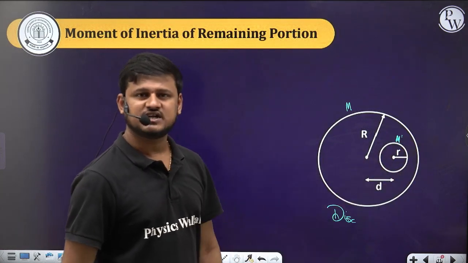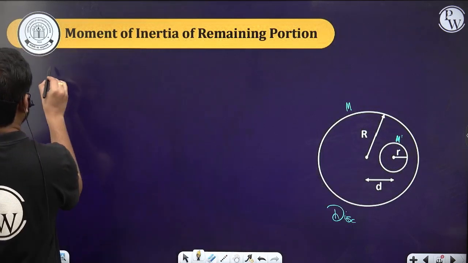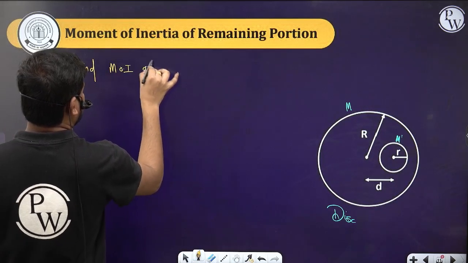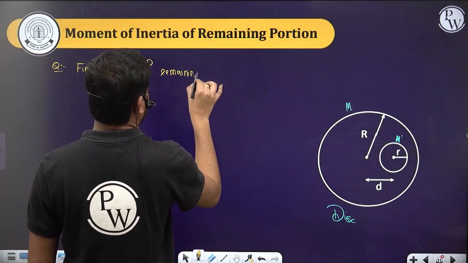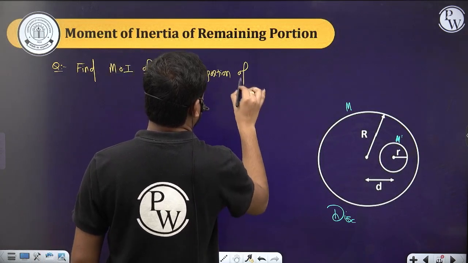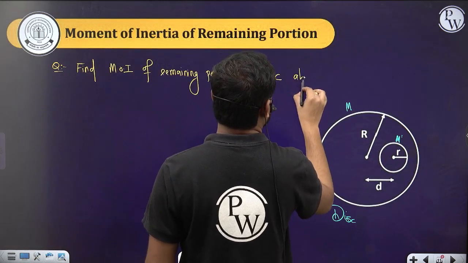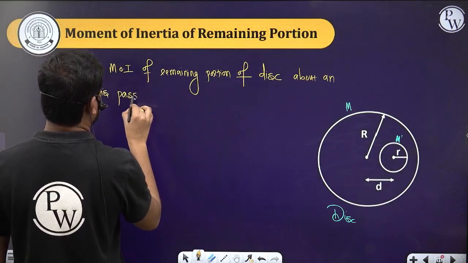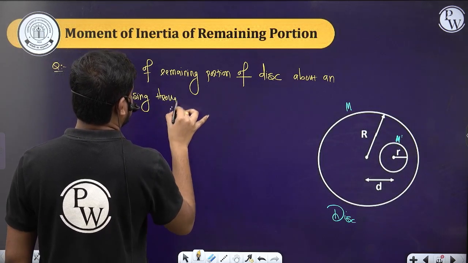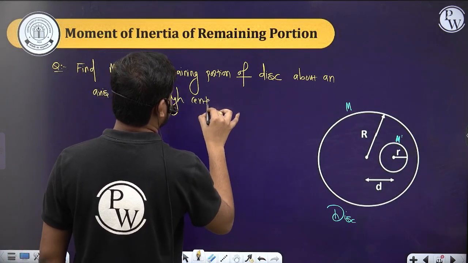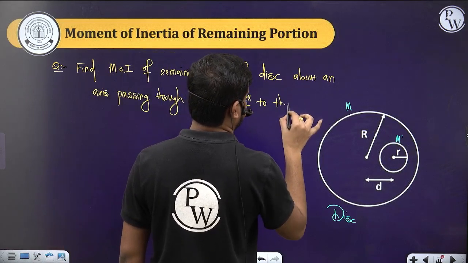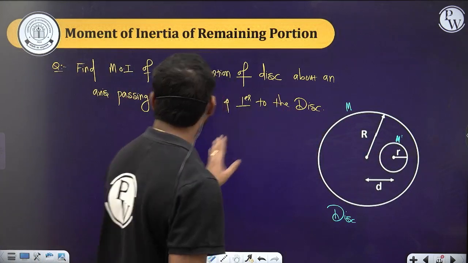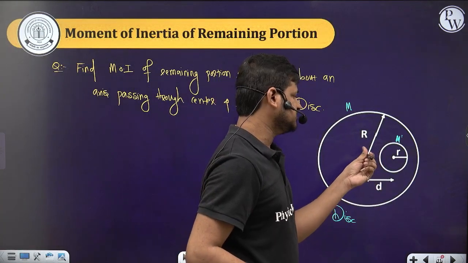The question is: find the moment of inertia of the remaining portion of the disk about an axis passing through the center and perpendicular to the disk.